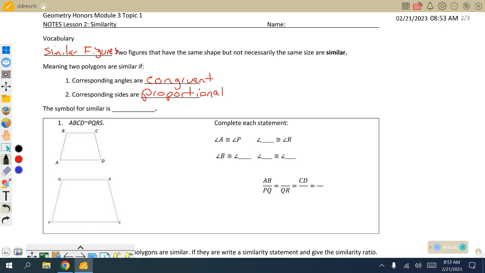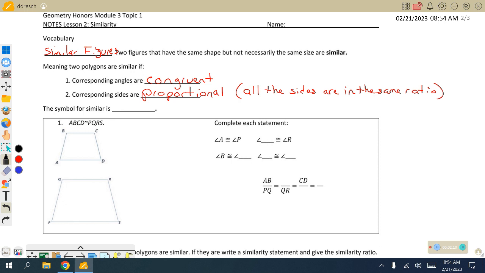What we mean by the word proportional is, let me shorten it down here: proportional means all the sides are in the same ratio. Give me a second to jot that down.